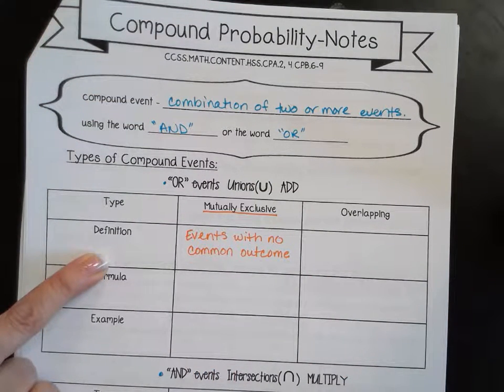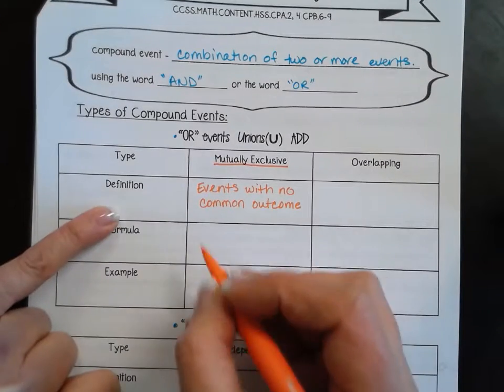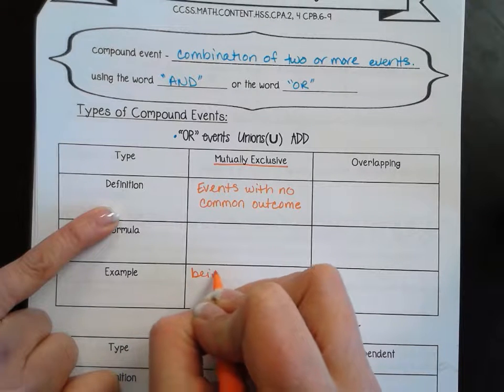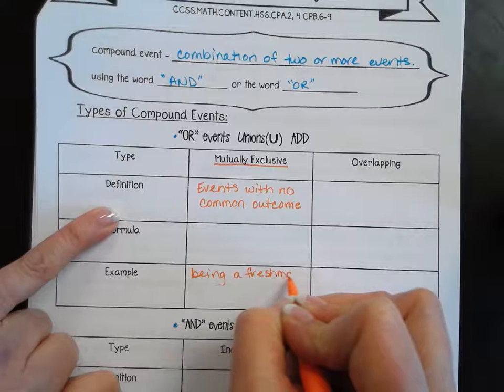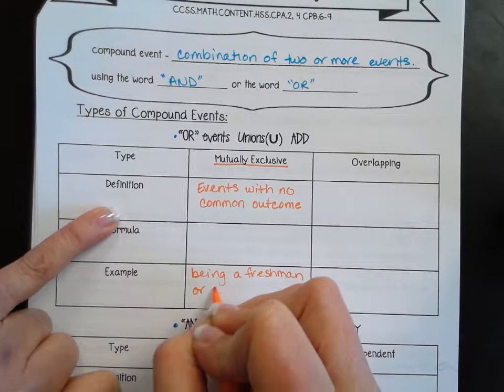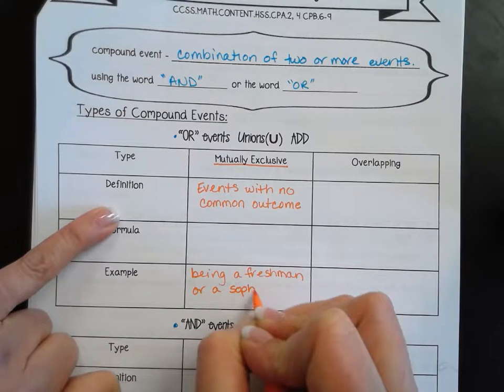So a good example would be if I wanted to find the probability that you were a freshman or a sophomore. You can't be both. You're one or the other. So an example is being a freshman or a sophomore.